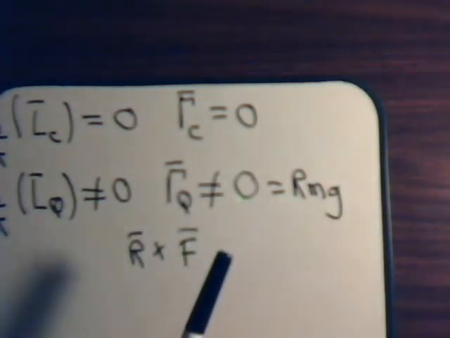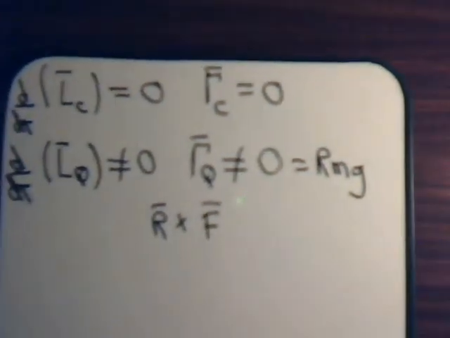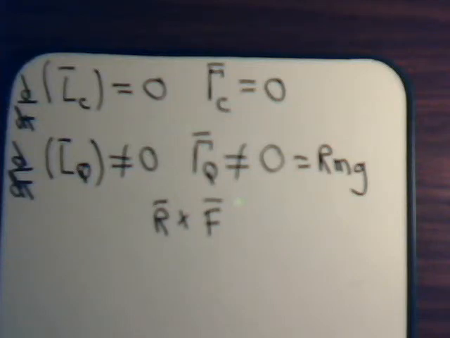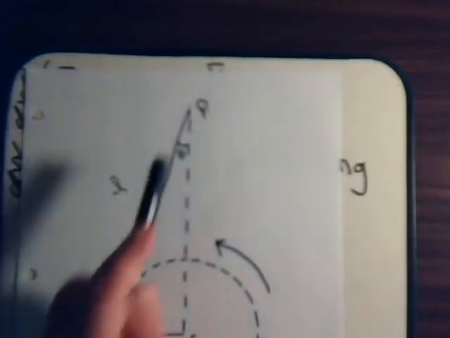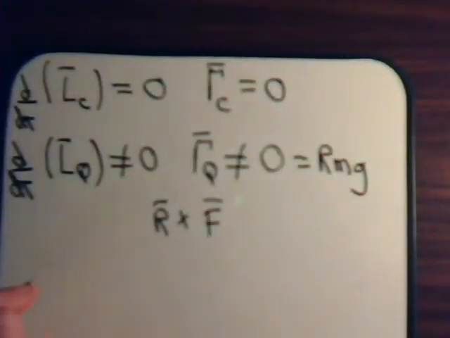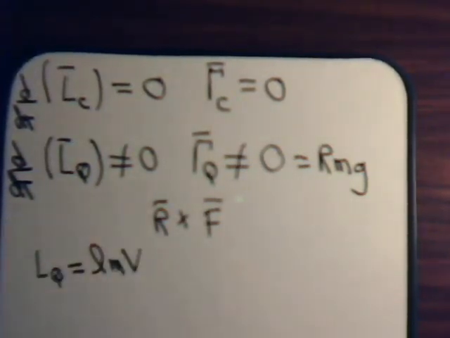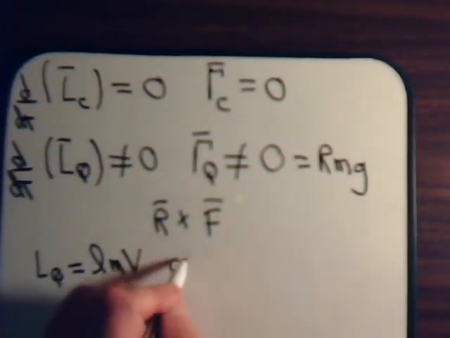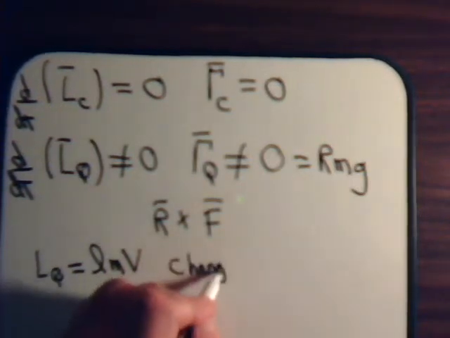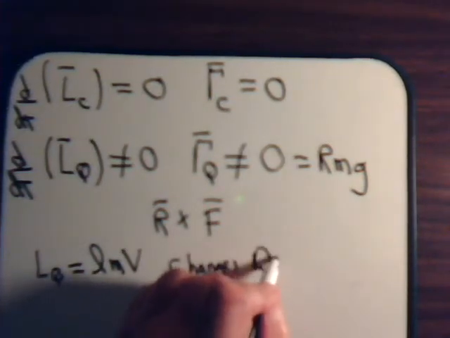What we've established so far is that when we take the angular momentum about point Q, its magnitude is Lmv, and it changes direction.